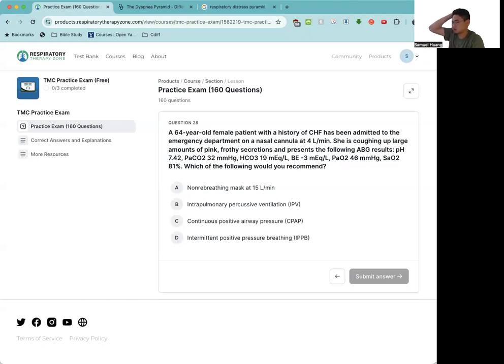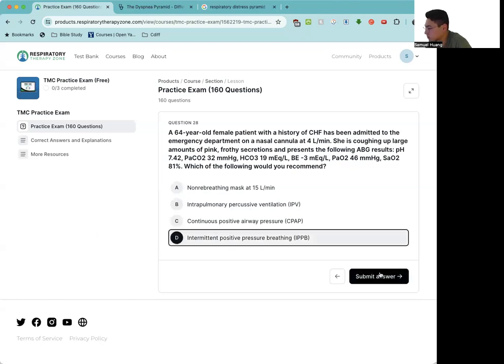Intermittent positive pressure breathing helps as well. So CPAP is good for CHF. Intermittent positive pressure breathing is good too. Not sure of the difference between the two. It was CPAP, pretty sure.